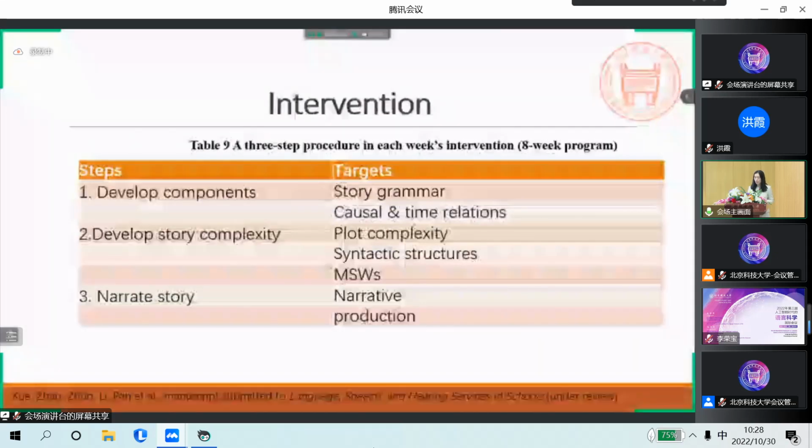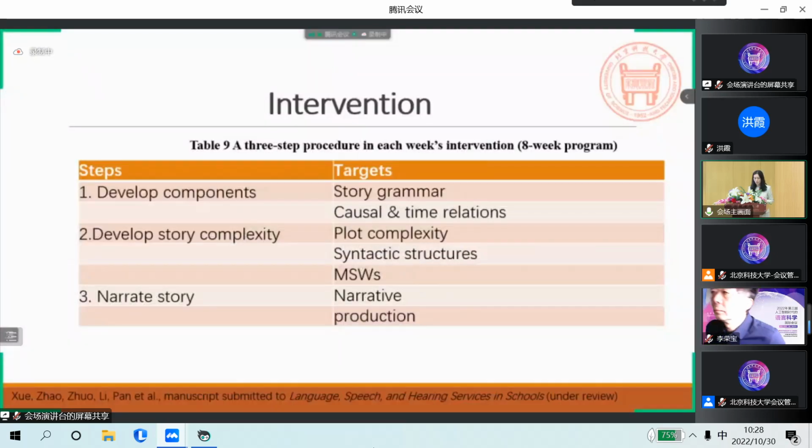In our program, this is an 8-week intervention, and specifically there are three steps in each week. First, we develop the basic components, targeting story grammar and causal-temporal relations. Second, we develop story complexity, focusing on plot capacity, syntax structure, and mental state words.